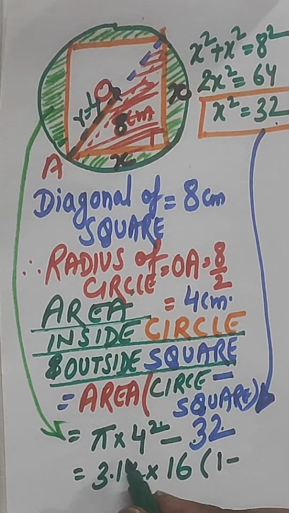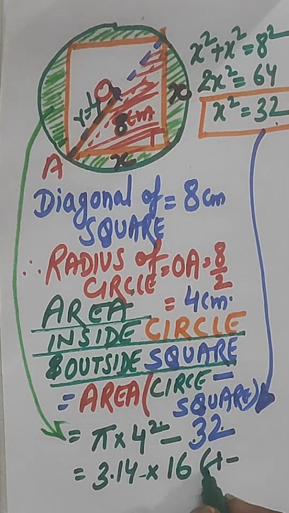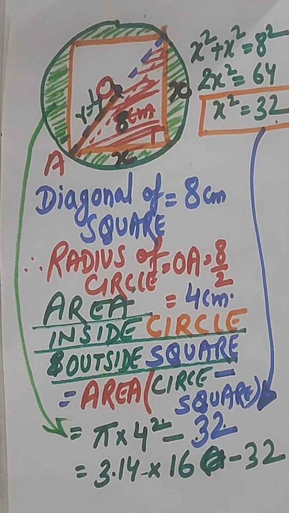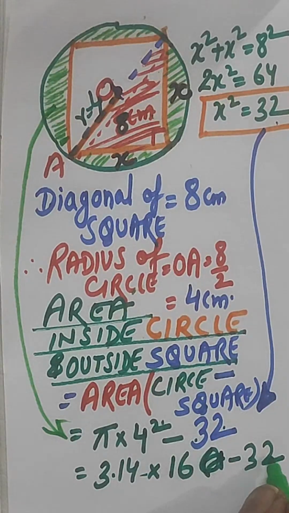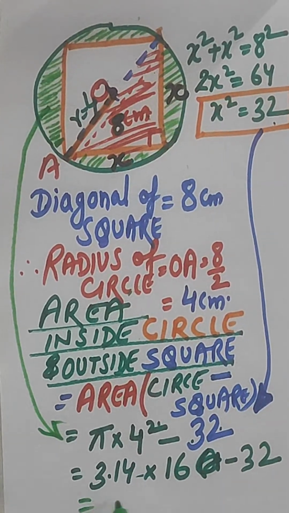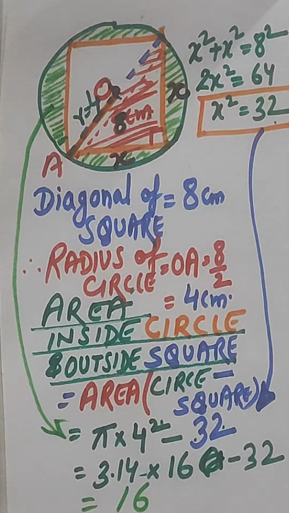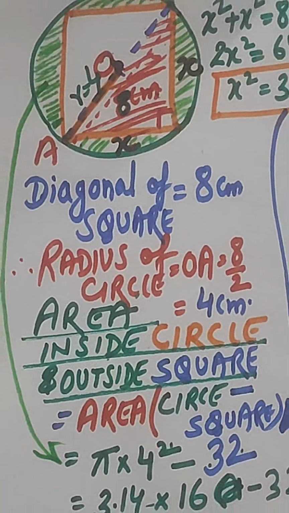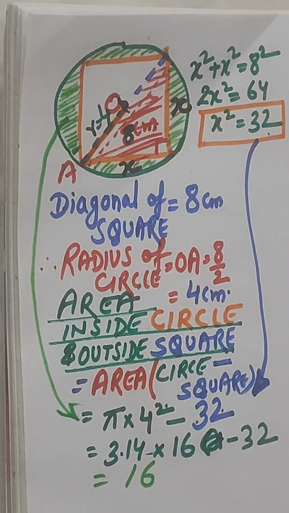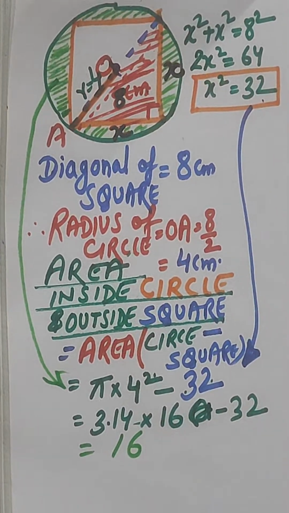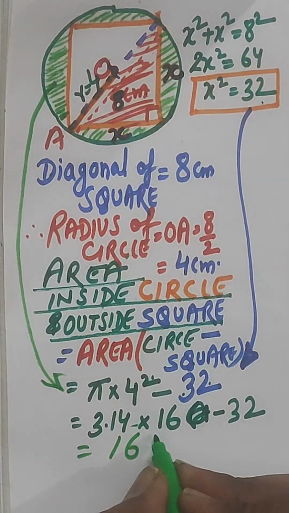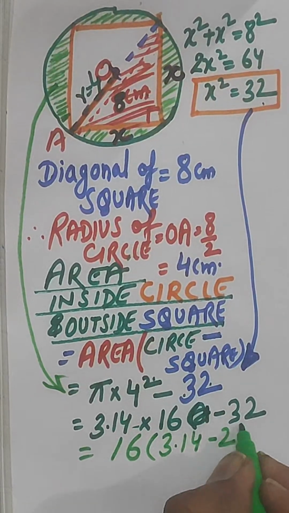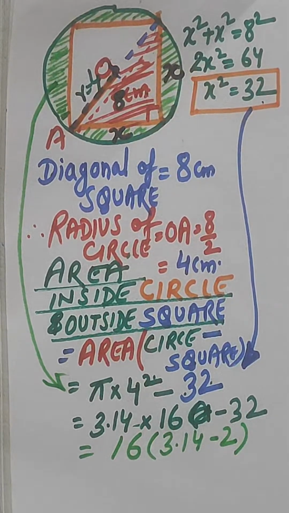So pi into 16 minus 32, simple. So from here you can simply take 16 as common, and when 16 is taken as common, we have 3.14 minus 2, because 16 into 2 will be 32.